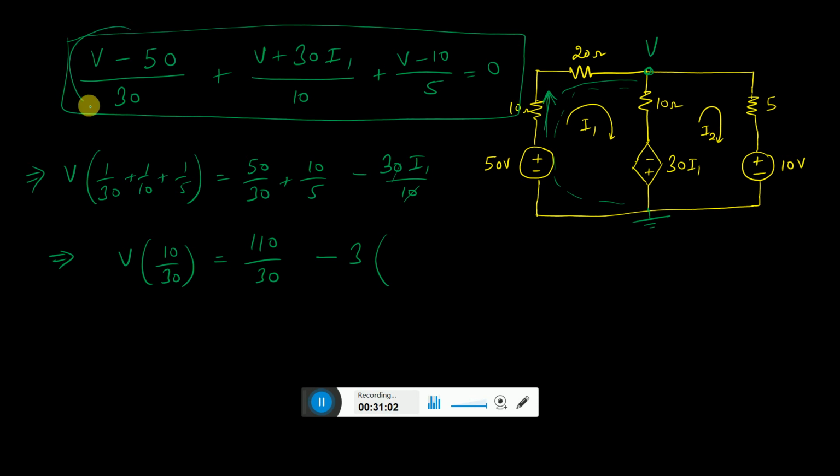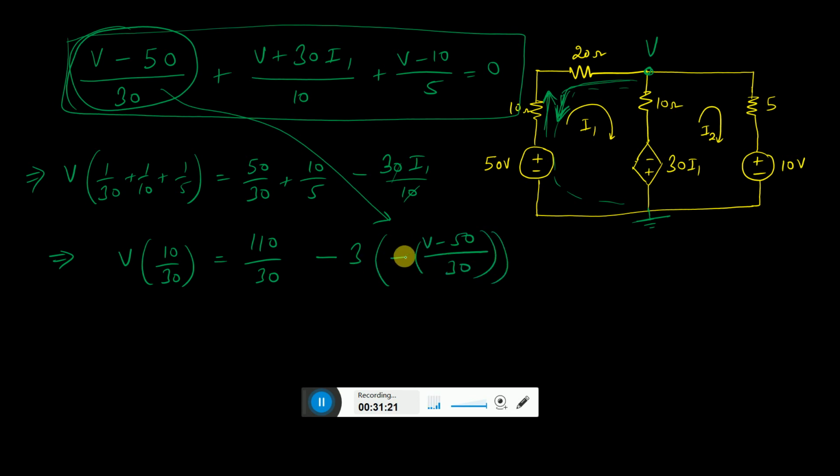We know that the current coming from V through the 10 ohm is in the downward direction. So why don't you take it as a negative value of it? It is just minus of V minus 50 by 30. If you take this one out, the minus will get added up, and if you solve this, let me just write down this value.